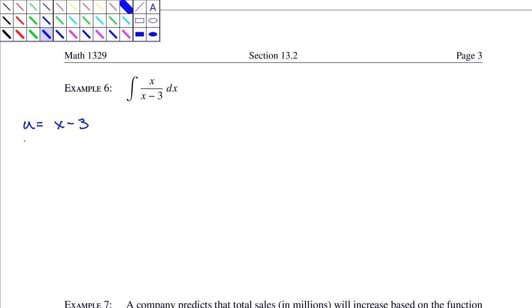What is du? 1 dx. Solve for dx, so dx is du. So this would be x over u du.